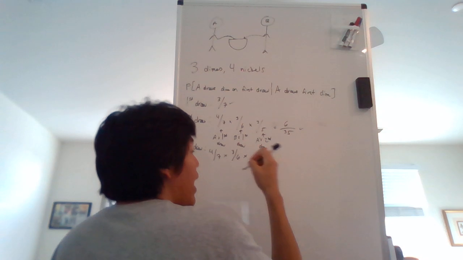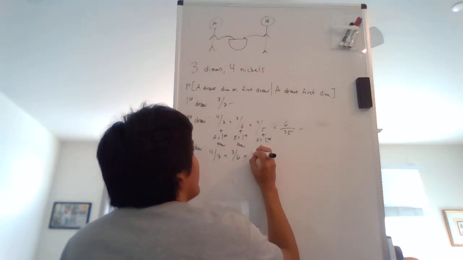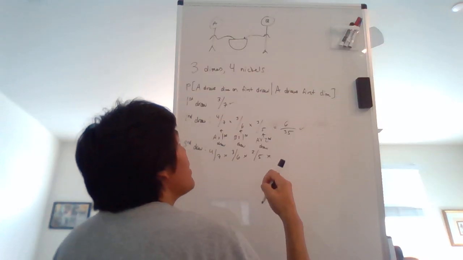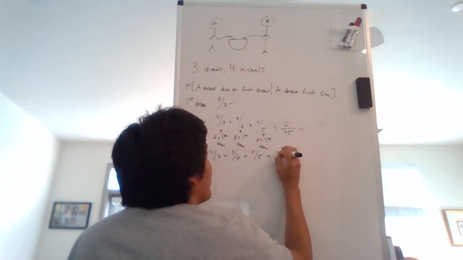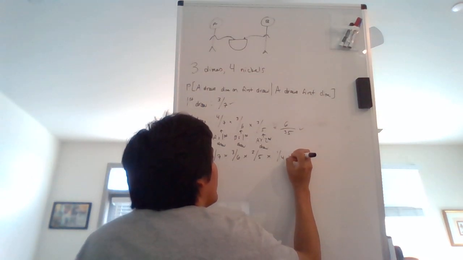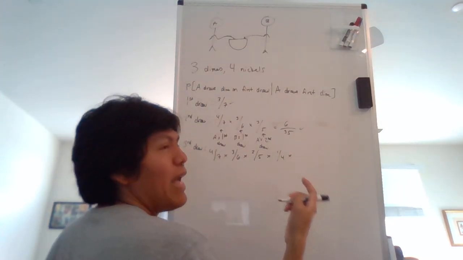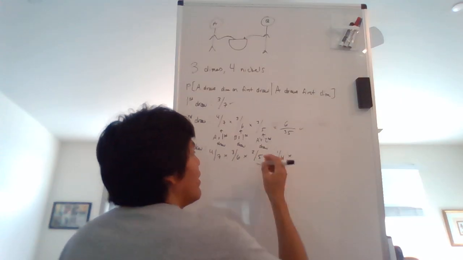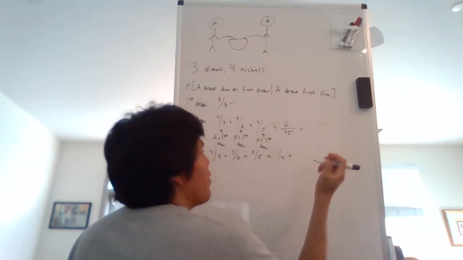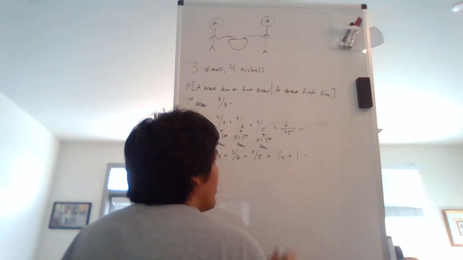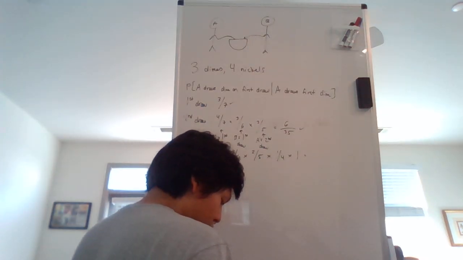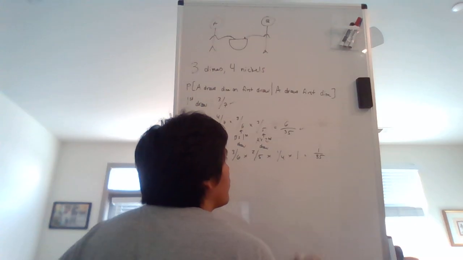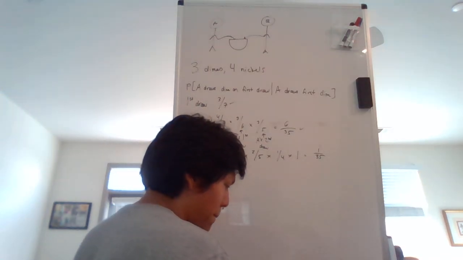And then A grabs another nickel, so that's 2/5. And then B grabs the last nickel, so that's 1/4. And then finally, A grabs their first dime, the first dime to be pulled. So that's just 3 over 3, that's just 1. And that is equal to 1 over 35.